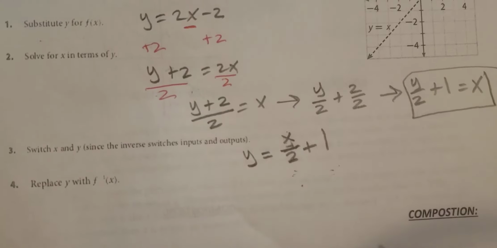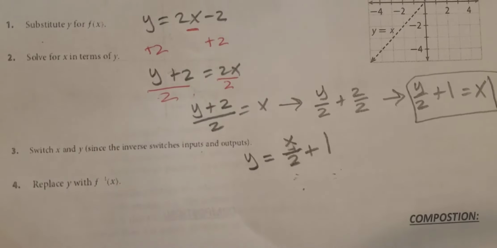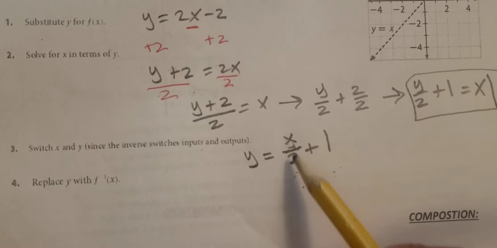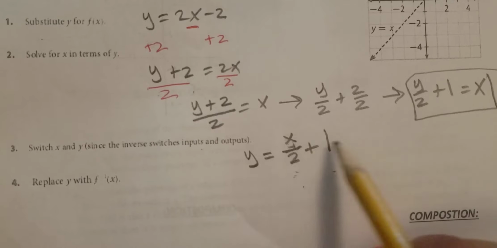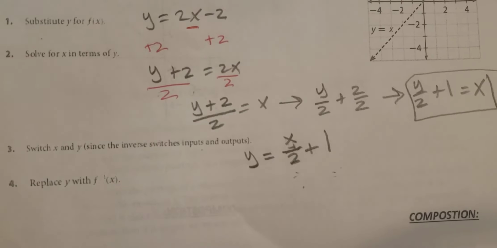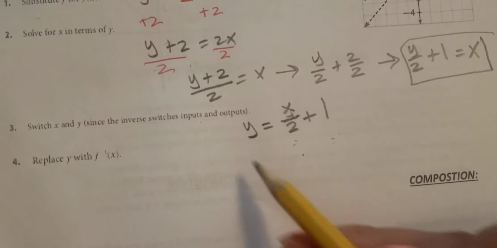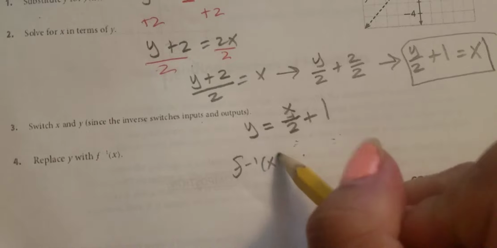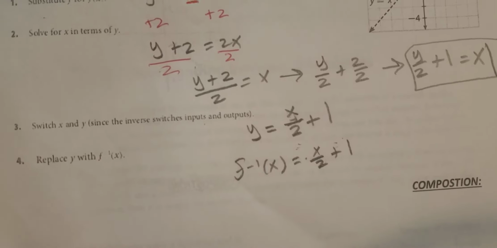You guys are not in the classroom, so it's hard for me to catch my mistakes. So remember, we're going to be graphing it. So I want a slope and I want a y-intercept. So I might as well split it up now. Okay. All right. And then the last step just says replace y with f inverse. So instead of y, we're going to have f inverse of x equals x over 2 plus 1. Okay.